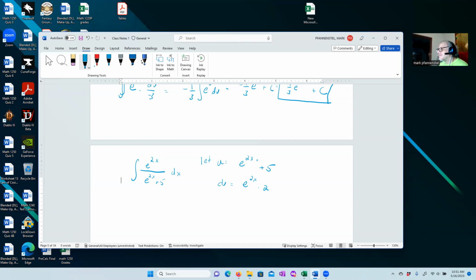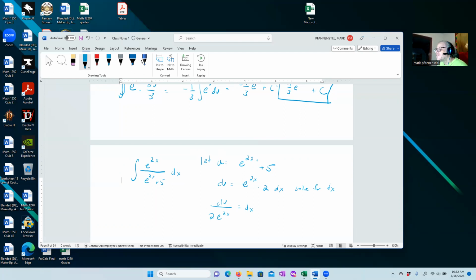The derivative of a 5 is just going to be 0. We have a dx here because of that chain rule. We're going to solve for dx. So dx is going to be du over 2 e to the 2x. That equals dx. All I did is divide by the e to the 2x and the 2 there.